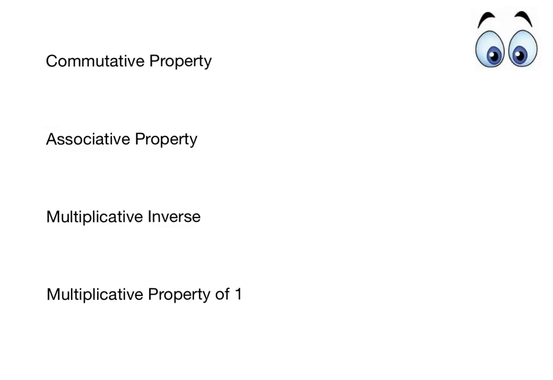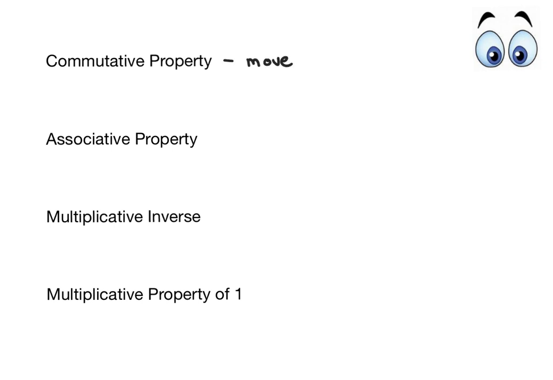Before we move on to more examples, I need to stop here and review some of the multiplication properties. All right, so we've talked a lot about commutative property before. Commutative property, one of the ways that we remember that is commute means to move.